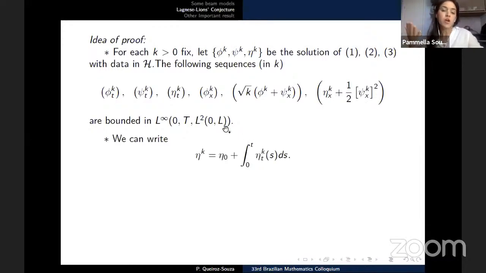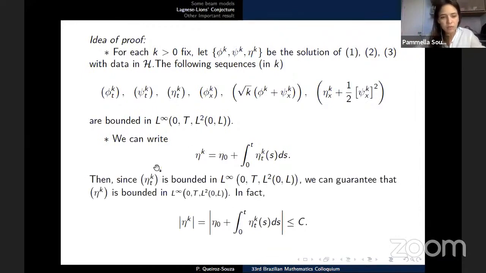And more, we can see eta something like this, and since eta t is bounded uniformly in time in L2 of (0,L), we can guarantee that eta is bounded uniformly in time in L2 of (0,L). Okay?